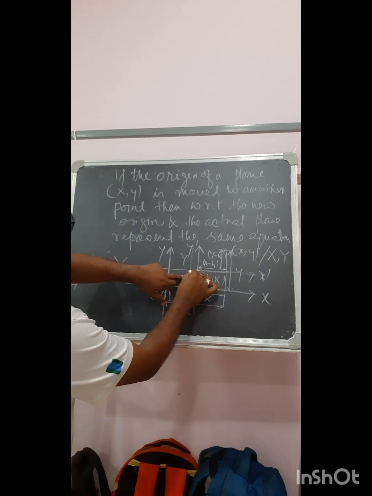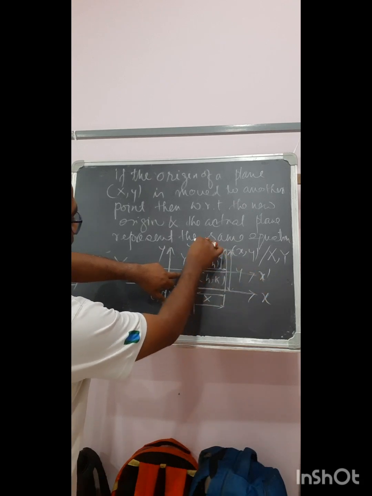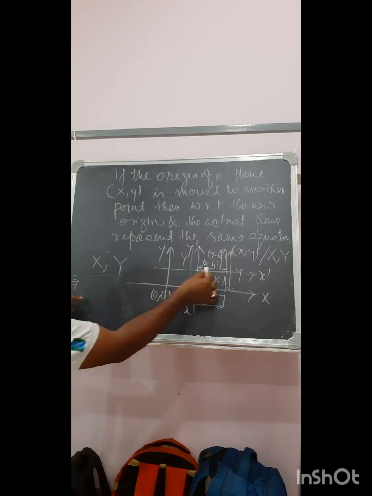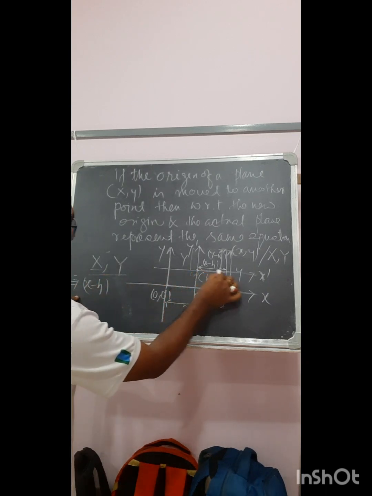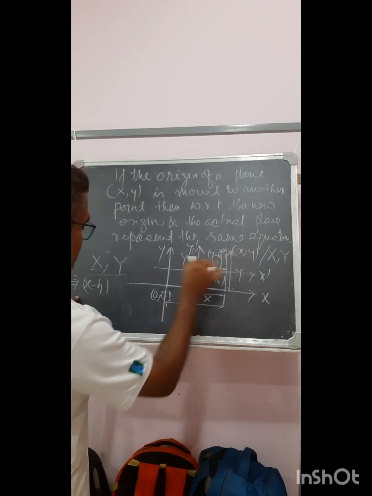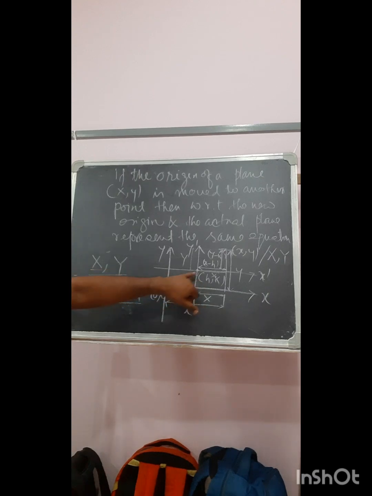Now this becomes an arbitrary 0,0 with respect to this coordinate system. So if I transfer it to the actual one, X will become x minus h, because this is x minus h and this is also capital X, and this is y minus k, so that is also capital Y. Understood? This way any point coordinate can be shifted with respect to the shifted origin.